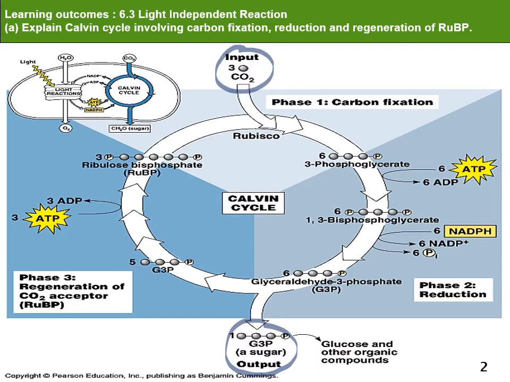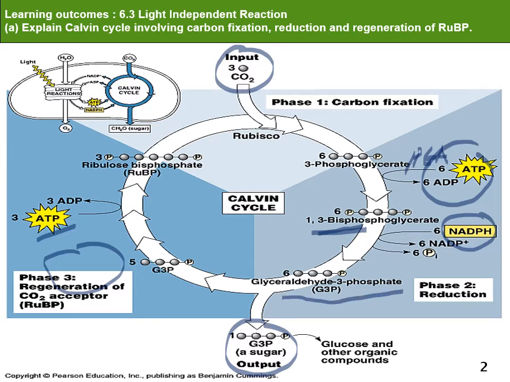Okay, ATP is used in phosphorylation of PGA or 3-phosphoglycerate to form 1,3-bisphosphoglycerate, and also in the regeneration of RuBP. While NADPH is used in the reduction of 1,3-bisphosphoglycerate to glyceraldehyde 3-phosphate or G3P.